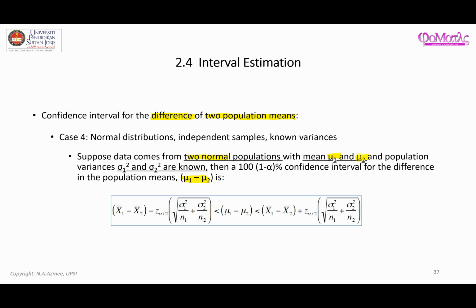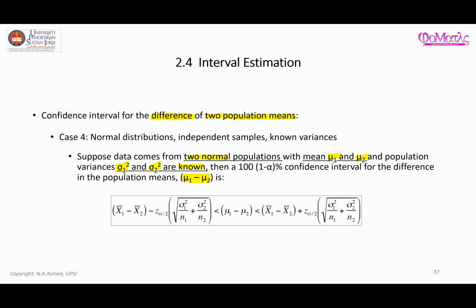So those two are different means from different populations. And the population variances are given by this over here, which are assumed to be known. Okay, so the values are known, and because of that, this is the formula that you can use in order to construct the confidence interval for the difference in the population means.